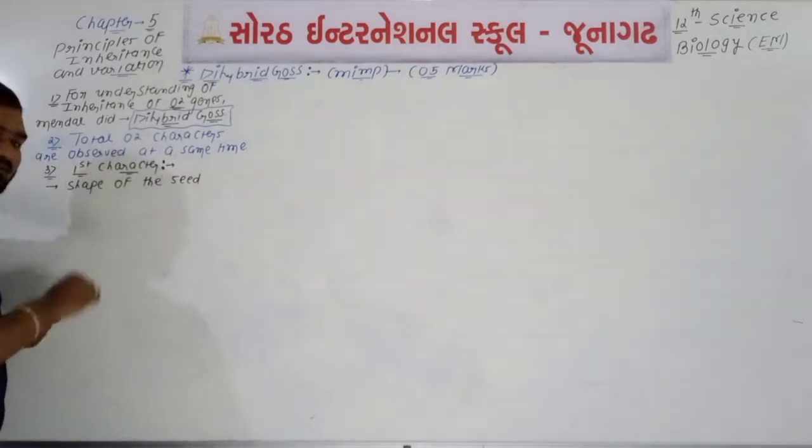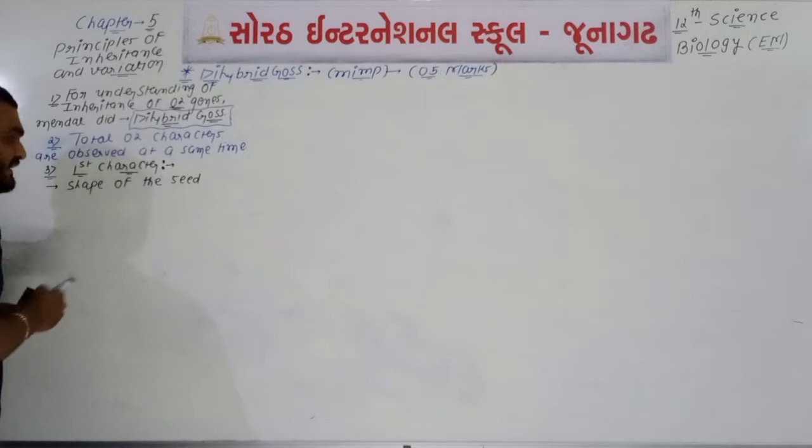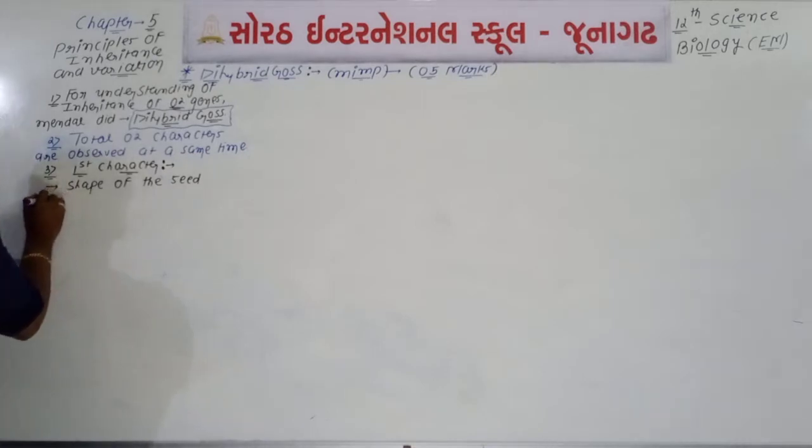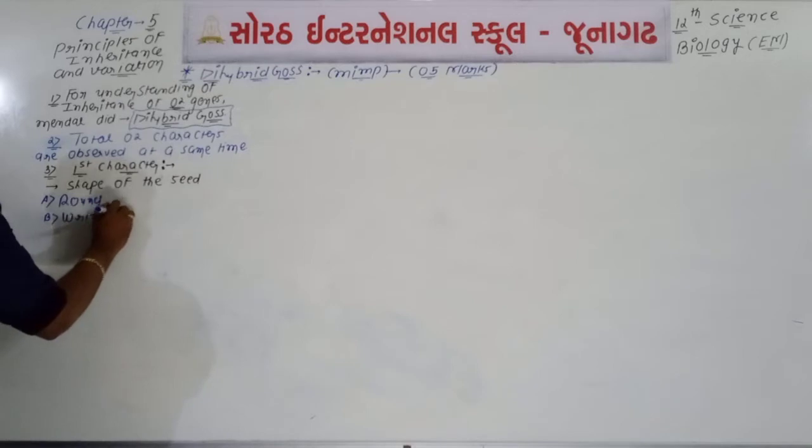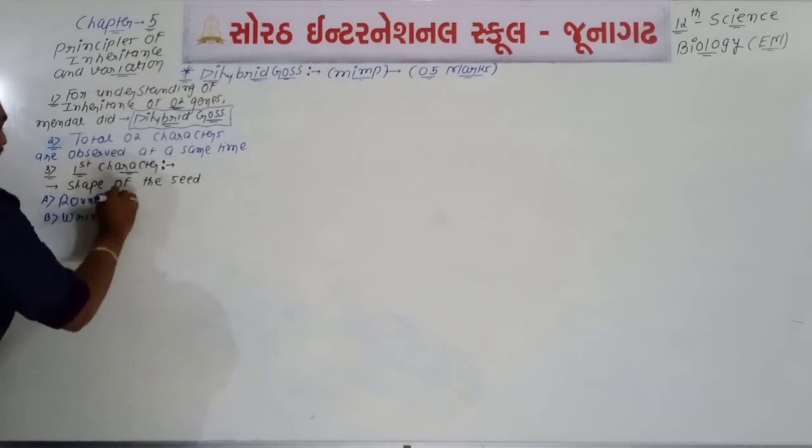This first character has 2 different alleles. The shape will be either round or wrinkled. So the first option is round, and the second option is wrinkled.